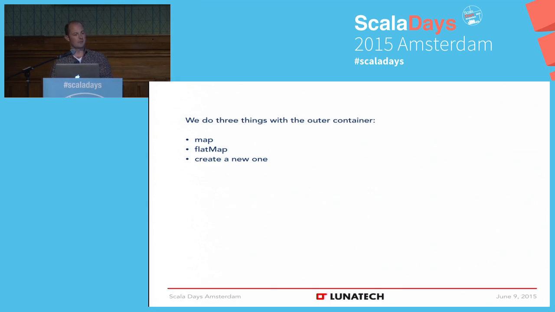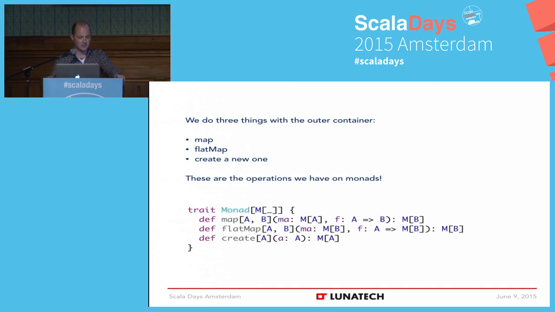So let's say, instead of making this thing for future, let's make an interface for this. Let's just make a trait that has a type parameter, and the type is a future. That has a map, a flat map, and a create method, and give it a suitable name. People have done that, and they said a suitable name for this is monad. So let's define a trait monad that looks like this.